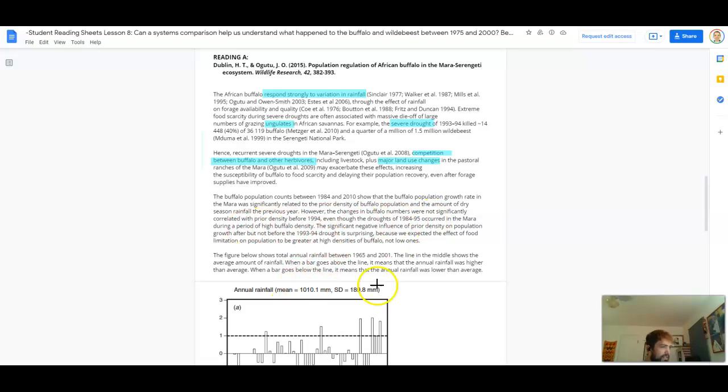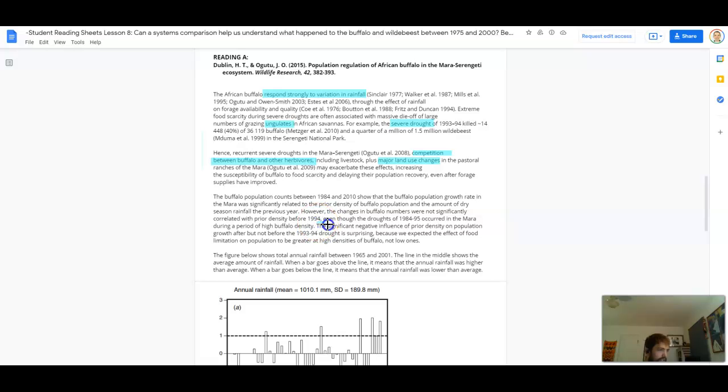The significant negative influence of prior density on population growth after, but not before, the 1993-1994 drought is surprising, because we expected the effect of food limitation on population to be greater at high density of buffaloes, not low ones.